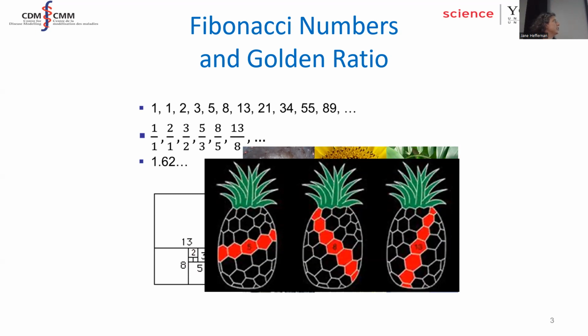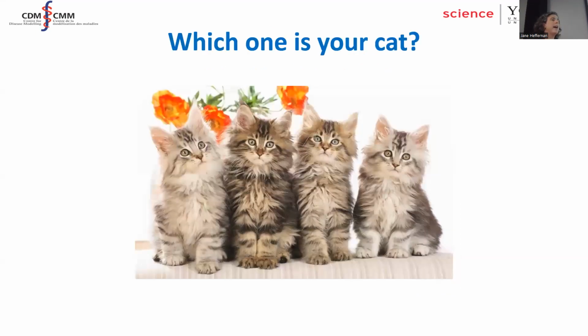Also looking at nature, we can look at the stripes and spots that we have on animals. You can naturally recognize, if you owned one of these cats, you would recognize which one is yours because of the patterns. And there's some really cool modeling that you can put behind how these patterns form.